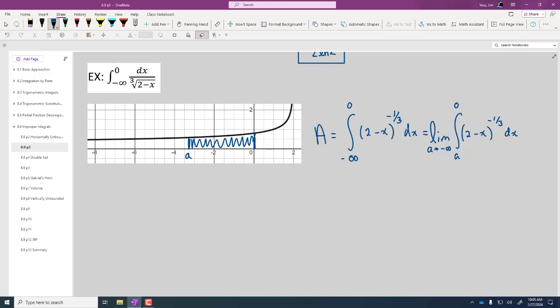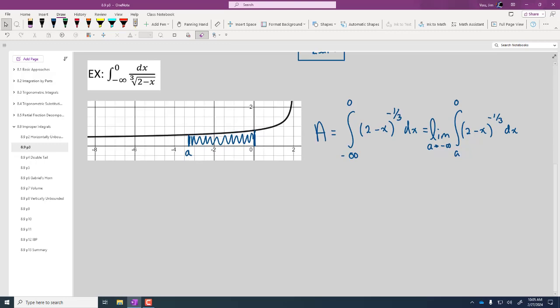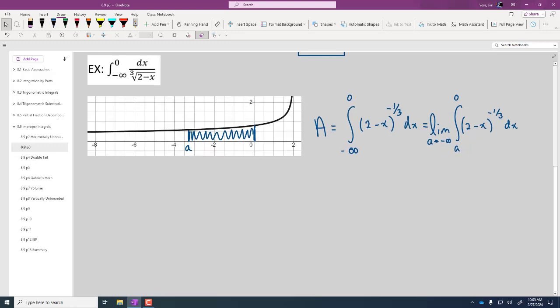So there's our improper integral. And the evaluation of an improper integral is to take the limit of a definite integral. So here is our definite integral.